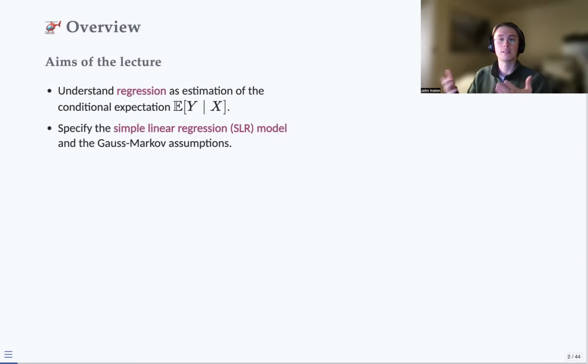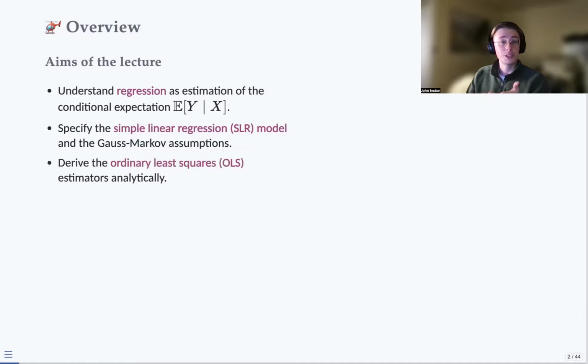So it's our best guess of what y should be given our information about x. We'll outline the simple linear regression model and the Gauss-Markov assumptions that underpin it. As I've discussed in previous lectures, statistical models have a probabilistic mathematical assumption underneath them, and what makes them statistical is that we then estimate the parameters of those models using data.